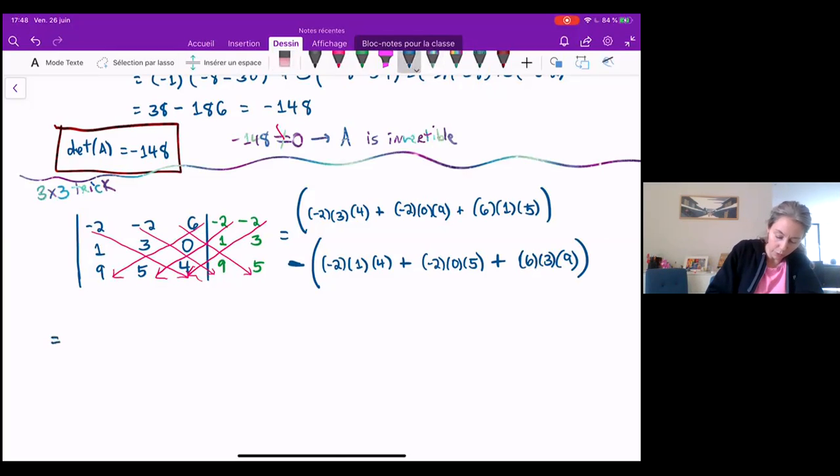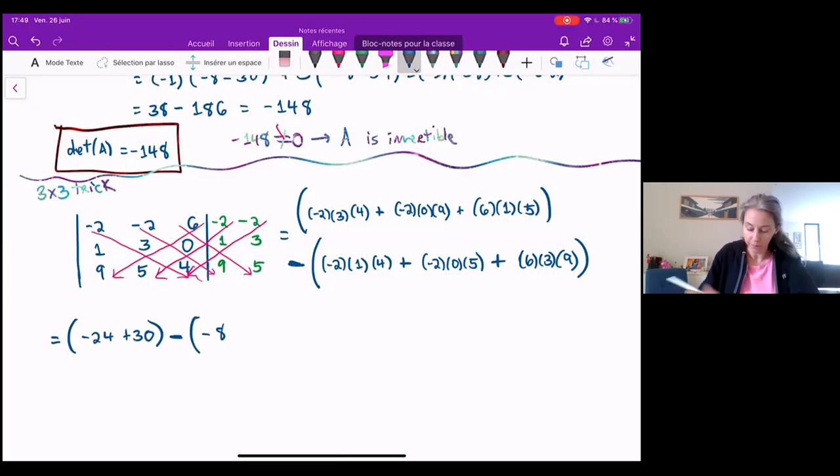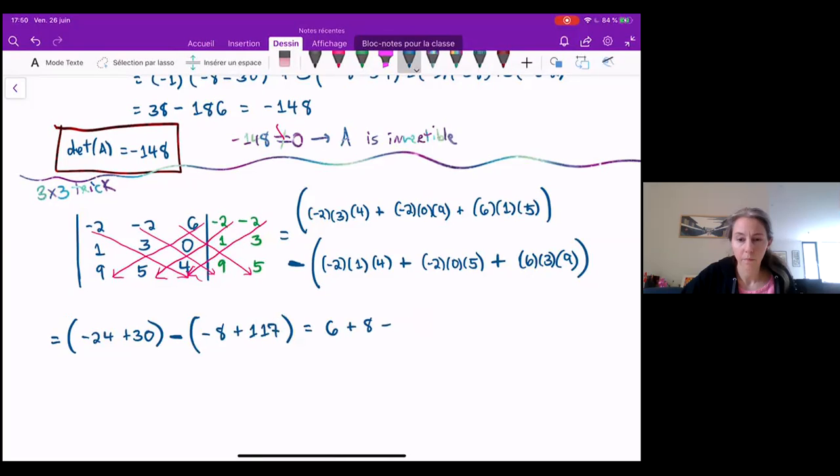So this is equal to negative 24, plus 0, yay, plus 30, minus negative 8, plus 0, again, yay, plus 6 times 3, that's 18, times 9, that is 162.